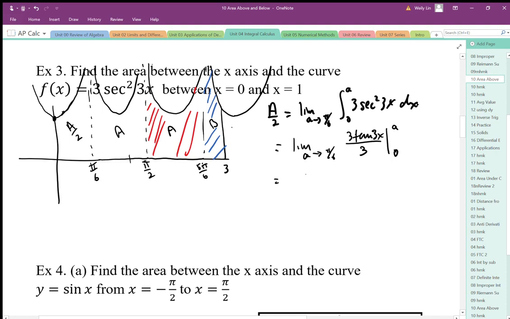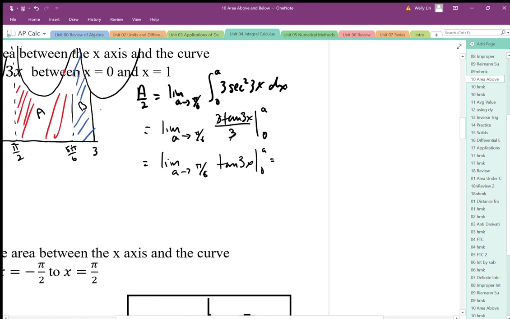So I'll rewrite this: limit as A goes to pi over 6, and the 3's cancel out, of tan 3x from 0 to A. That works out to be tan of pi over 2 minus tan of 0.